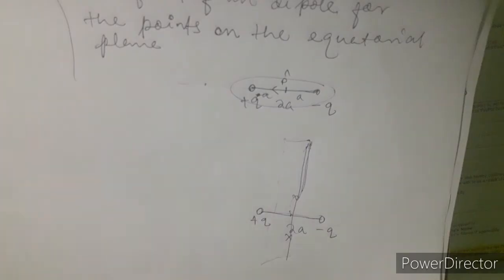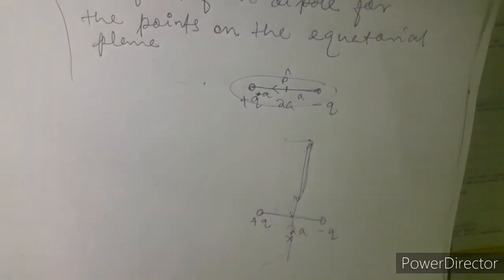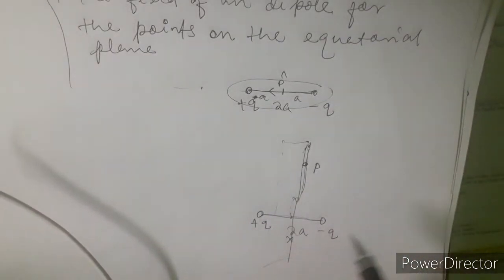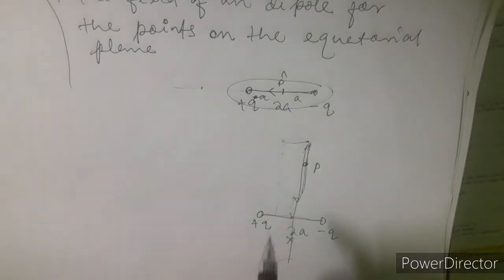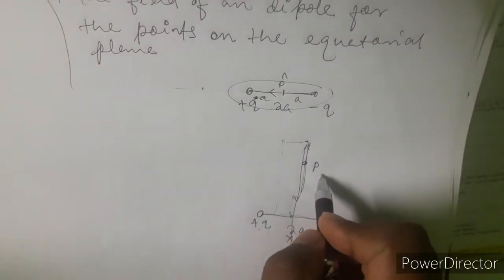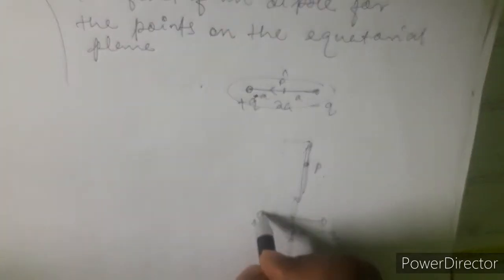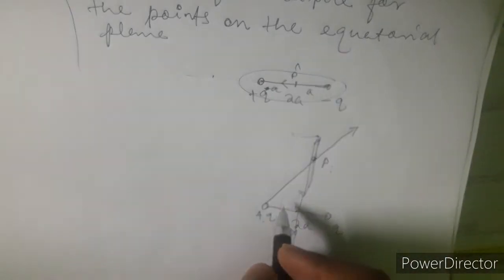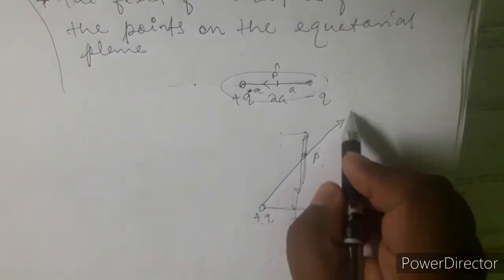So we'll calculate the electric field at a point P on the equatorial plane. In a dipole there are two charges, plus q and minus q. The electric field at point P due to plus q charge will be in the outward direction, so this will be E plus q.